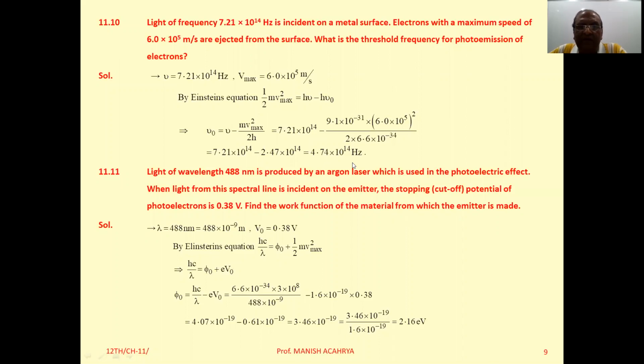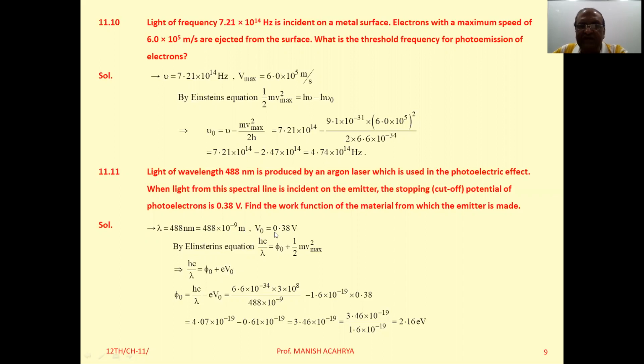11.11. Light of wavelength 488 nanometer is produced by an argon laser which is used in the photoelectric effect. When light from this spectral line is incident on the emitter, the stopping potential of photoelectrons is 0.38 volt. Find the work function of the material from which the emitter is made. Lambda is given to you, 488 nanometer, so that is 488 × 10^-9 meter.